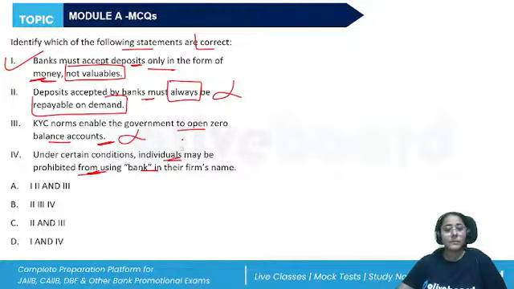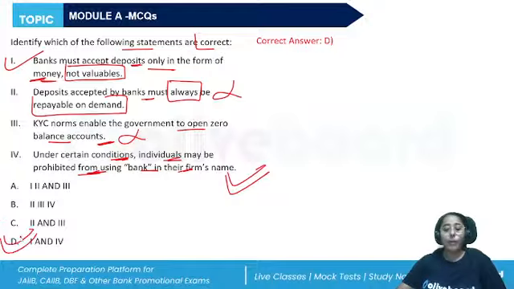So 3 becomes incorrect. Under conditions, individuals may be prohibited: any entity other than one who has been given a license by RBI cannot use the term bank, banker, or banking in their firm's name. So statement 4 also becomes correct. The correct answer will be 1 and 4.